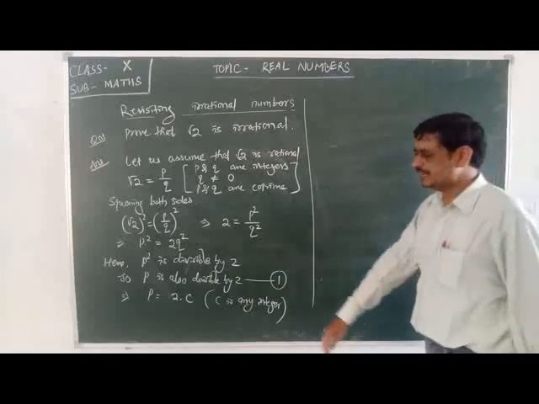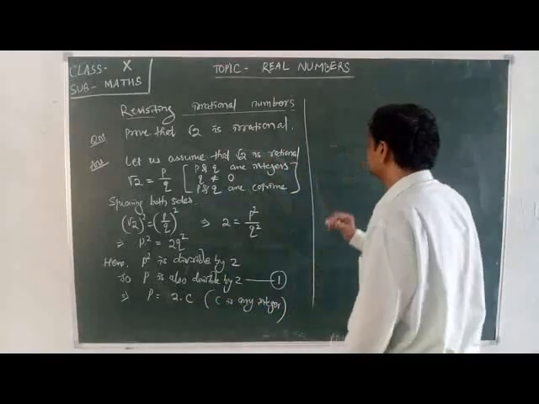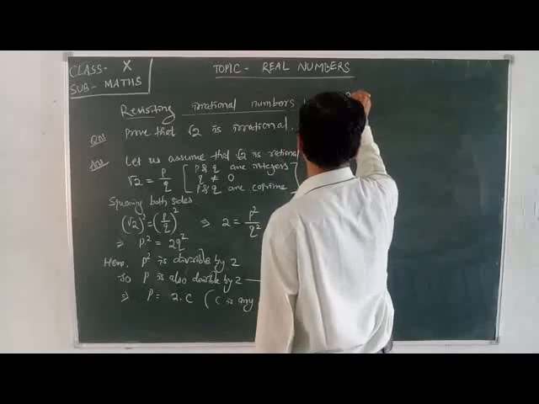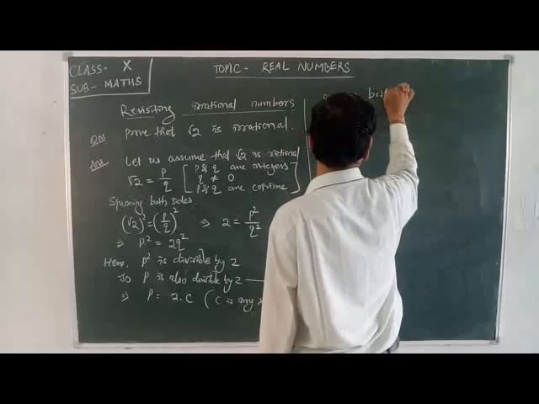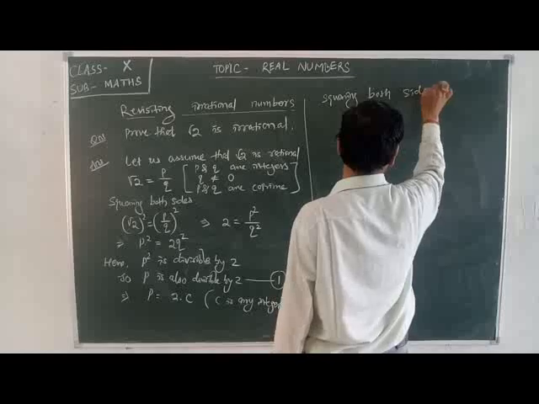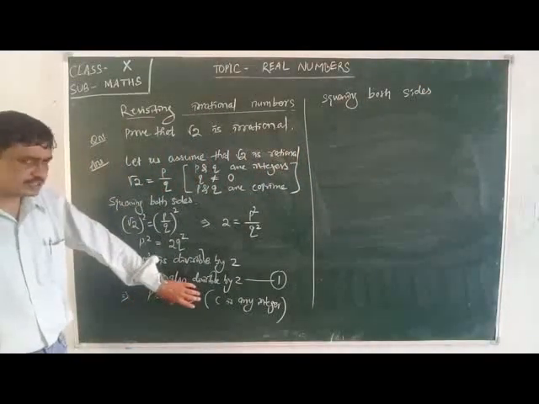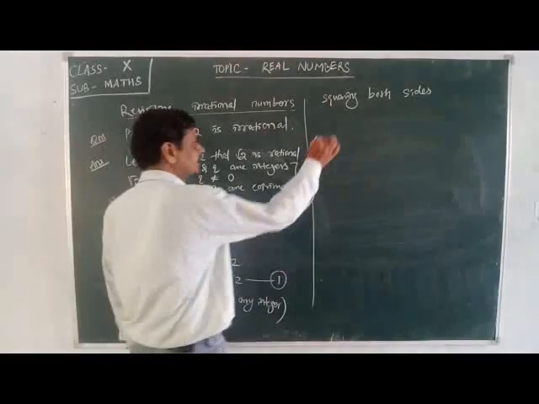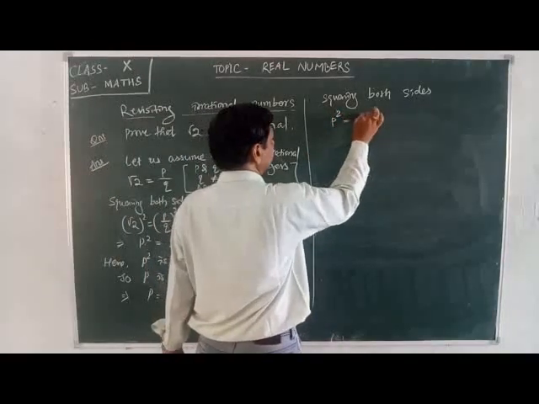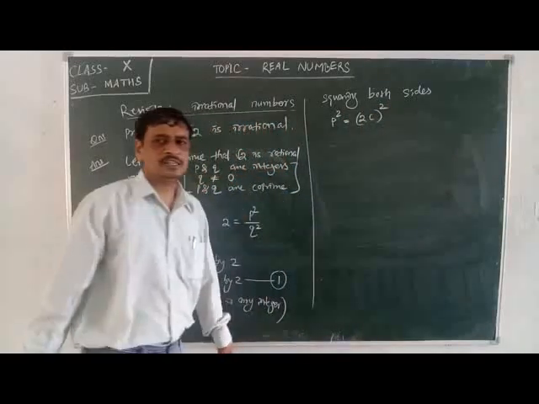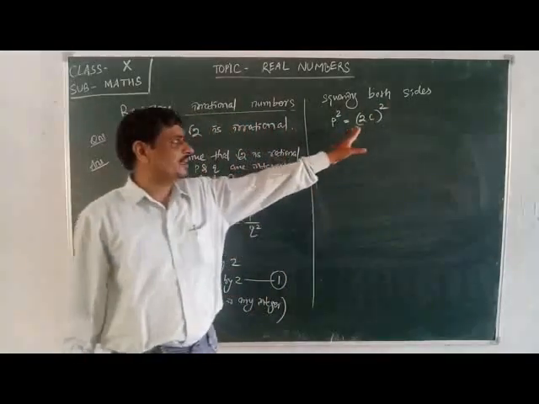Here we got p is equal to 2 into c, then squaring both sides, we get p square is equal to 2c whole square.